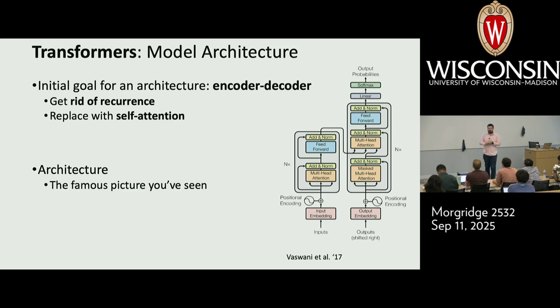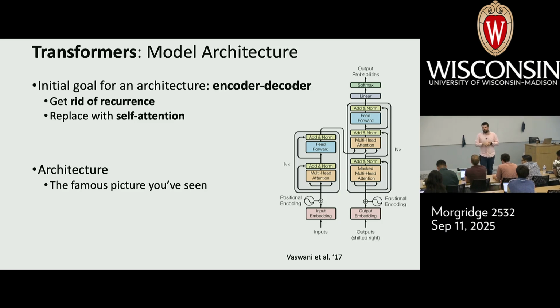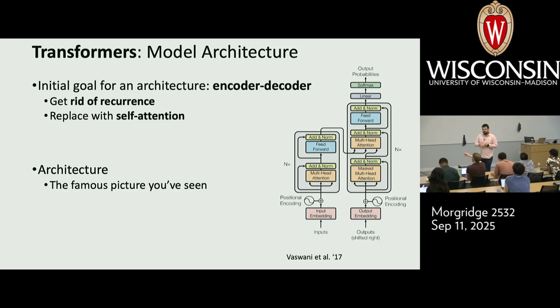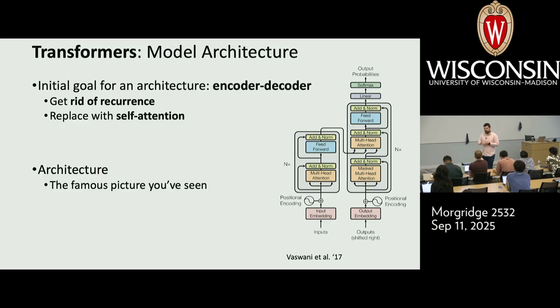Yeah? Real quick, is the input to the left side layer that comes after this, so like the NX, is that going to be a self-attention head, or is that going to be a... That's the whole block. Yeah, the block. The input's the block. Is it going to be a self-attention head, or is it going to be a cross-attention head with the original input embeddings? Are you talking about the decoder side or the encoder side? The encoder side. The encoder side is going to have pure self-attention.